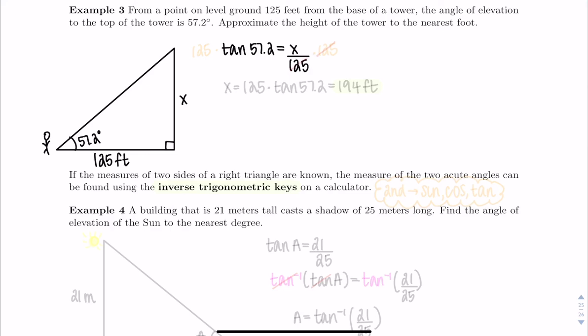We are going to multiply by 125 on both sides. So they cancel on the right. And we have x equals 125 times the tangent of 57.2, which is 194, and this would be in feet.